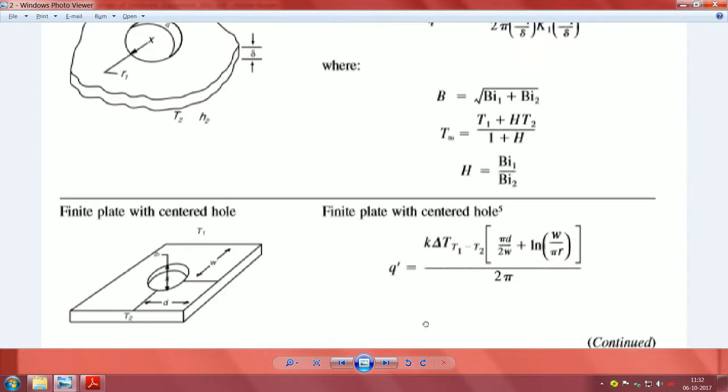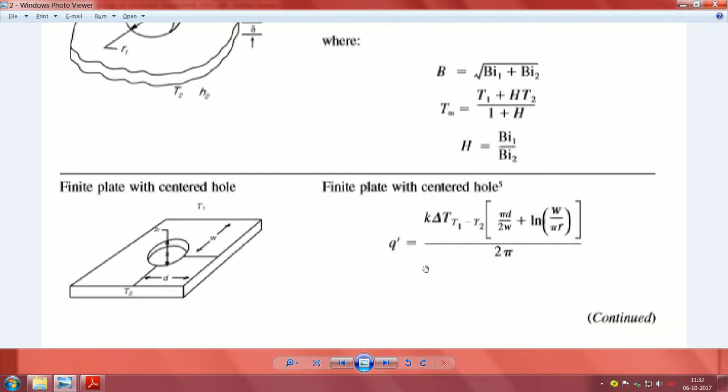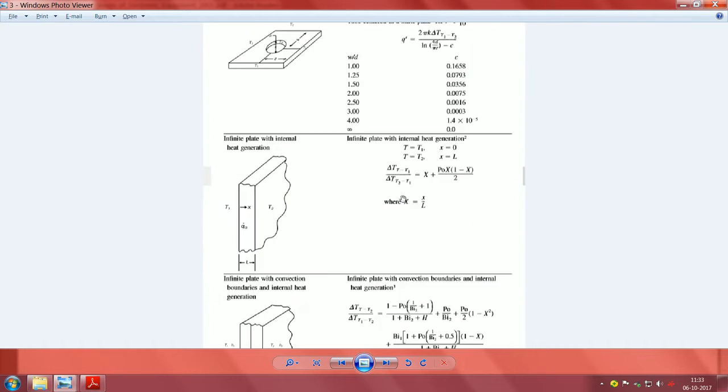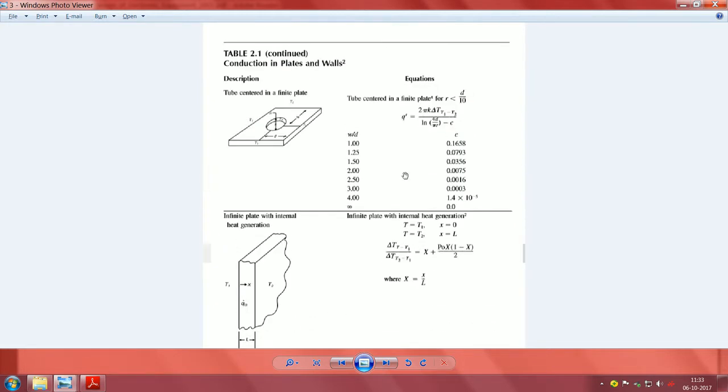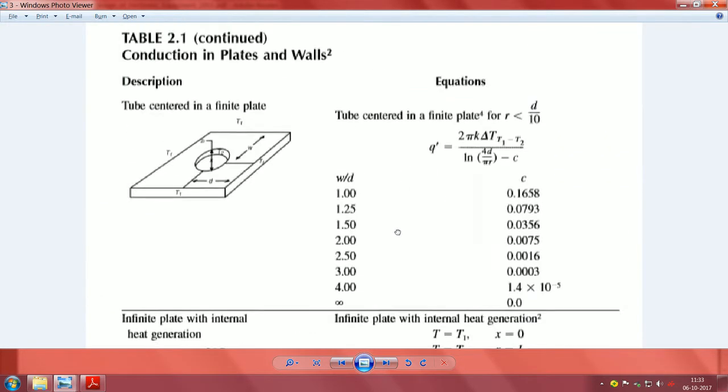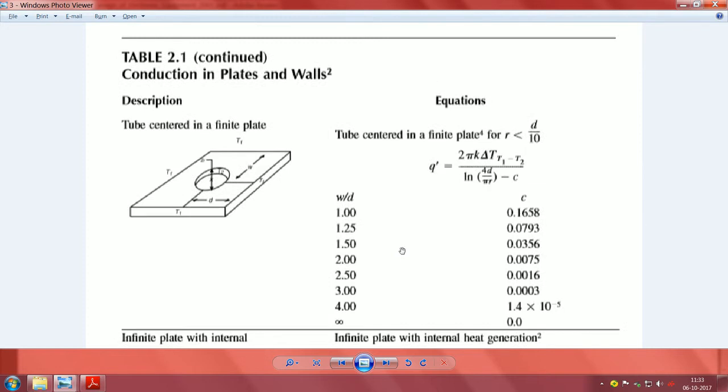As you keep going down, you notice that the moment you make it a finite plate and dimensions are known, various parameters change. These are useful for especially people who are making or writing code themselves or individual cases.